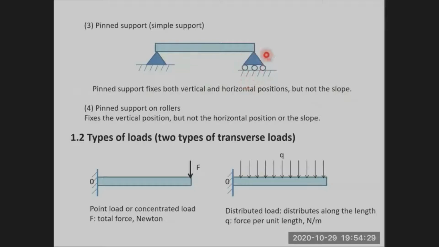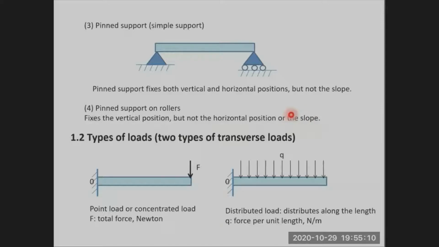The right end shows a pinned support on rollers. This support fixes the vertical position, but not the horizontal position or the slope. So this support can move along the horizontal direction, and the beam is able to rotate as well.